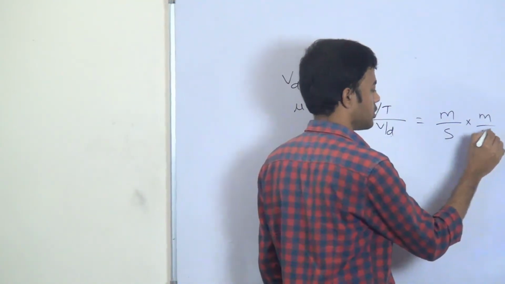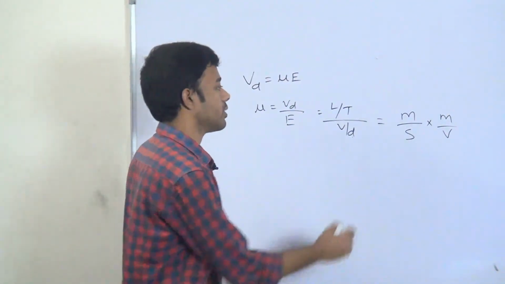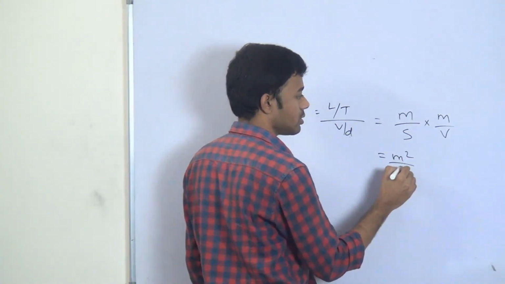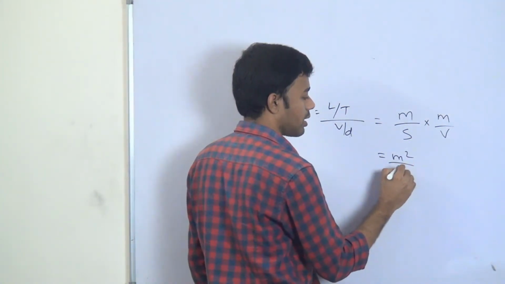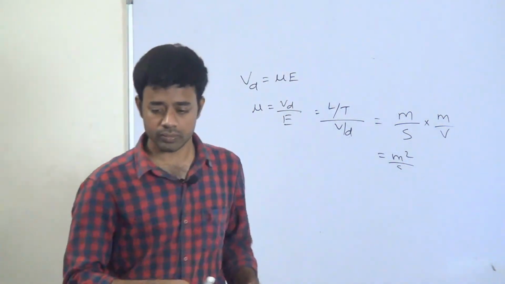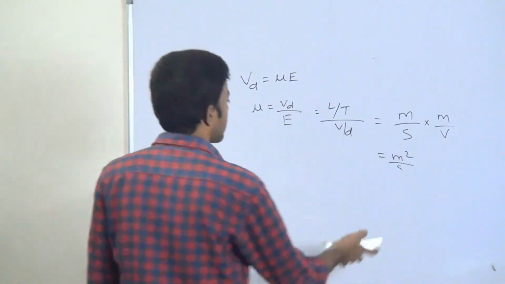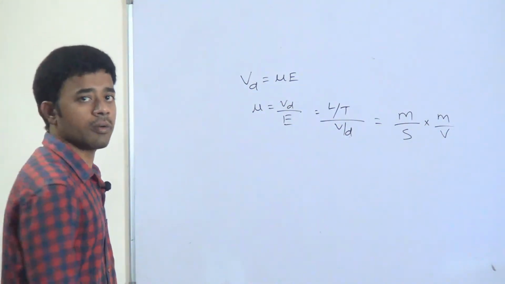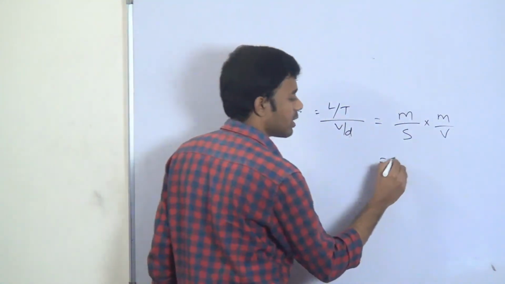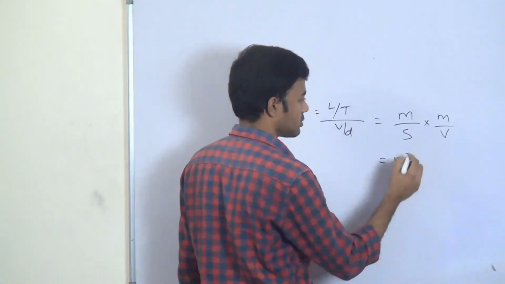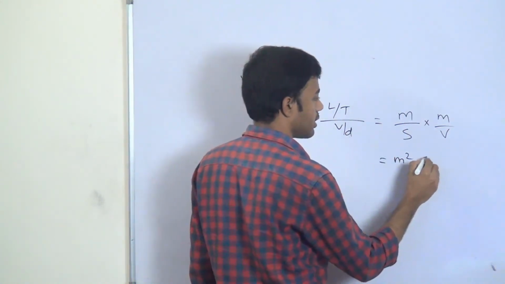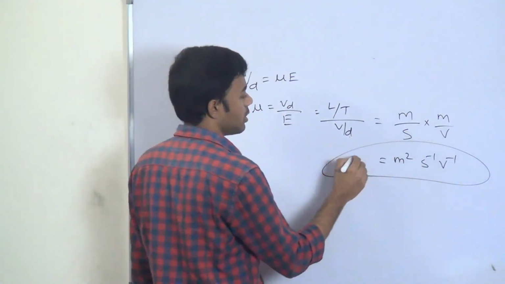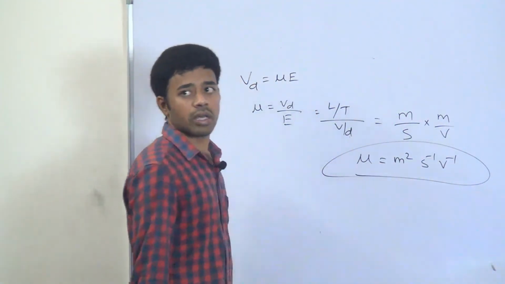So you can write it as meter square into second inverse into volt inverse. It is the SI unit of electron mobility.